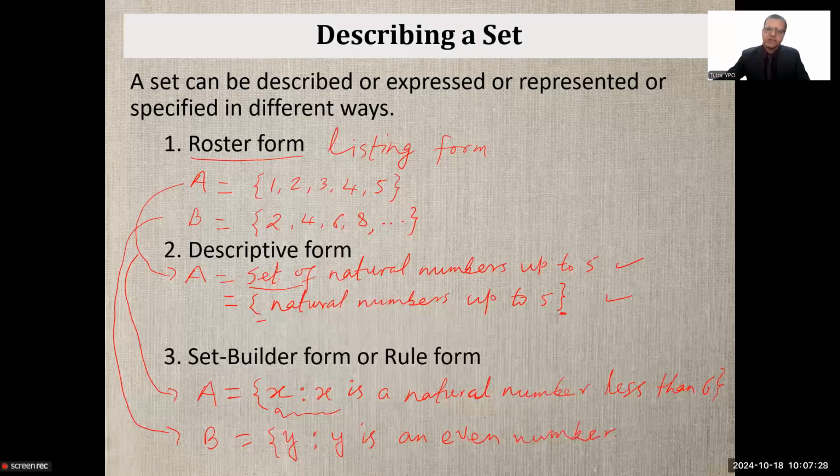This is how we express a set in set builder form. So in order to express a set in set builder form, we have to assume a variable to represent an element of the set.